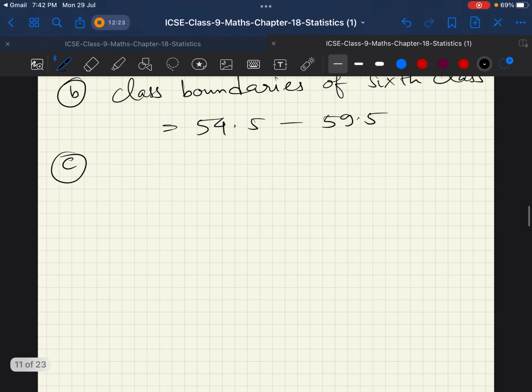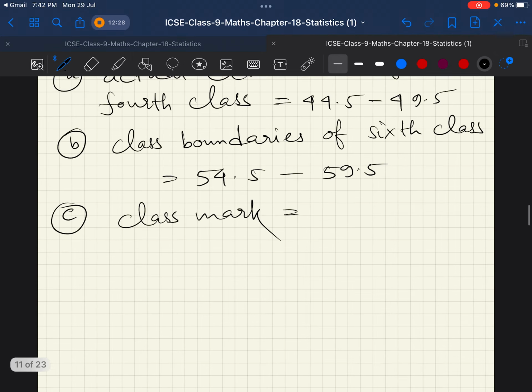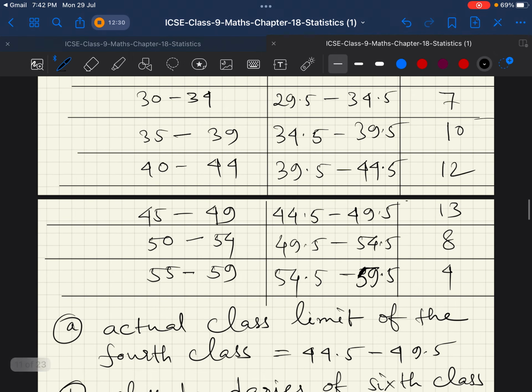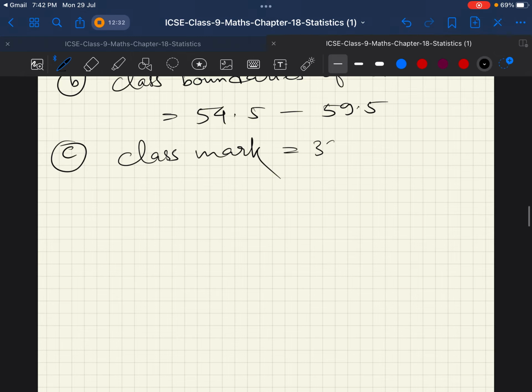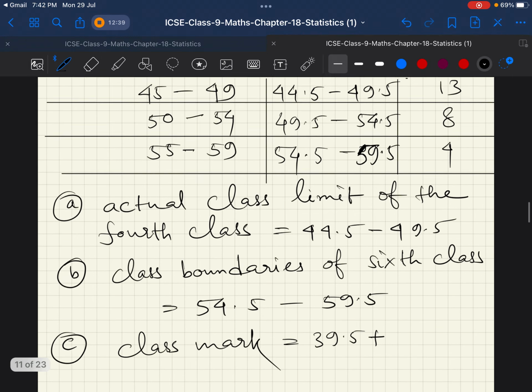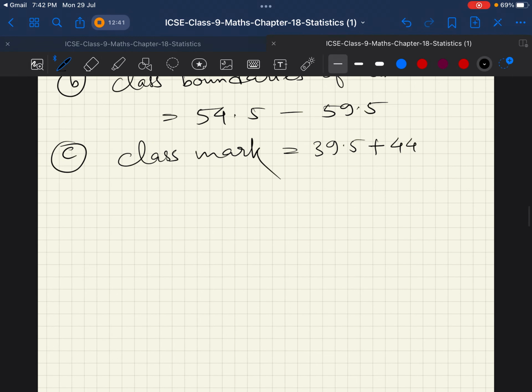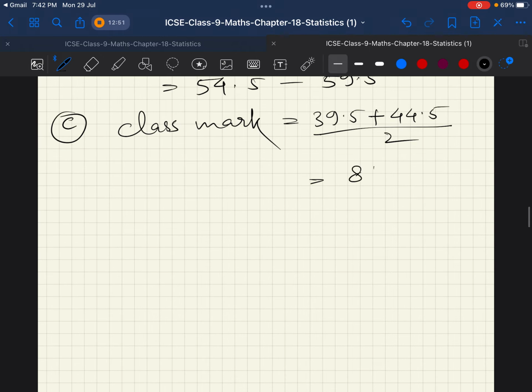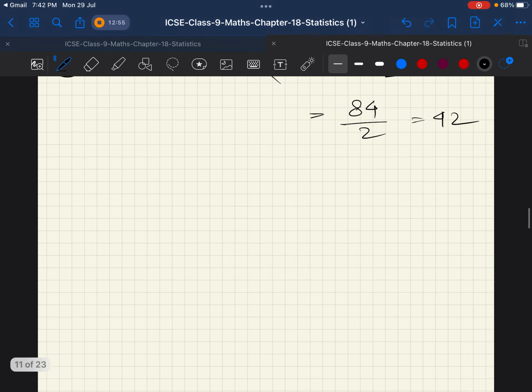Now see the class mark of the third class. Class mark, we know, is the mid value. For the third class, 39.5 plus 44.5 by 2. We know it is the upper class limit plus lower class limit by 2. So this is 84 by 2, 42.